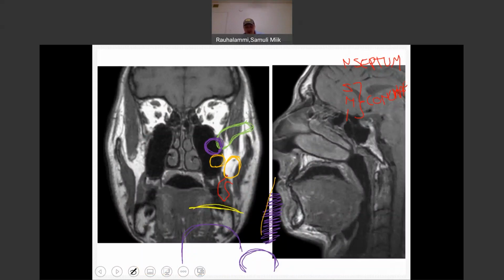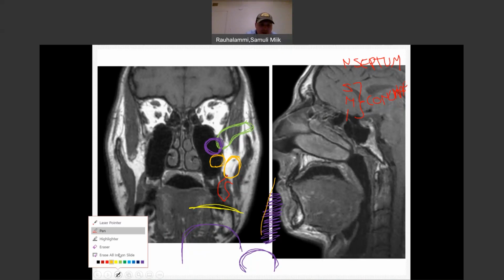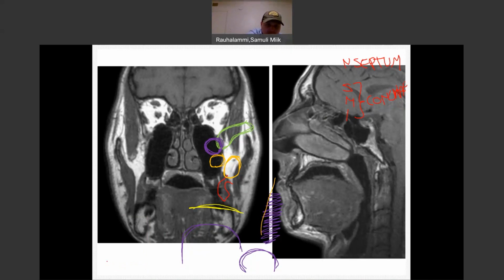So we have here a coronal and sagittal section of the nasal cavity. MRI is especially well positioned to image the soft tissues. So we're seeing a lot of these structures that we already discussed. I would especially point out here the very prominent conchae.